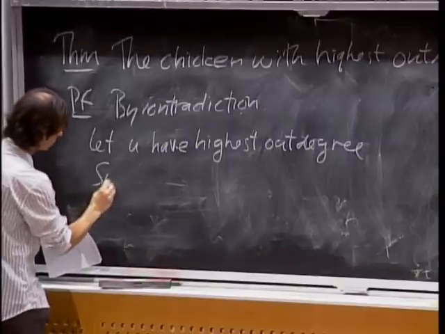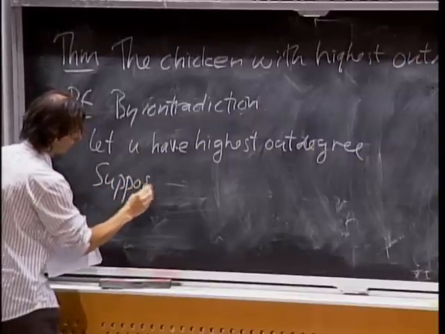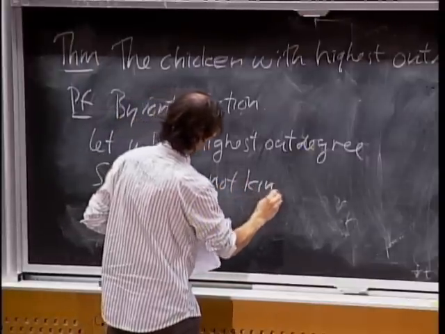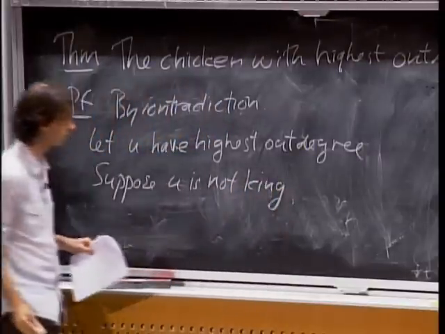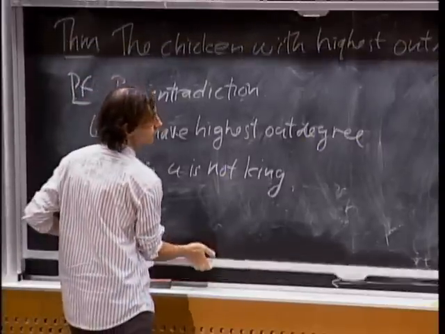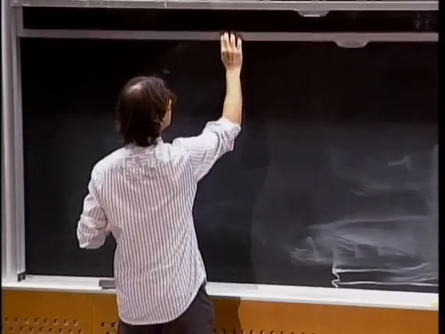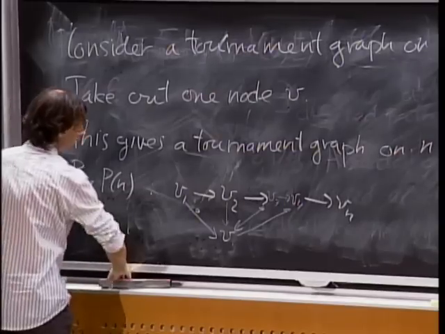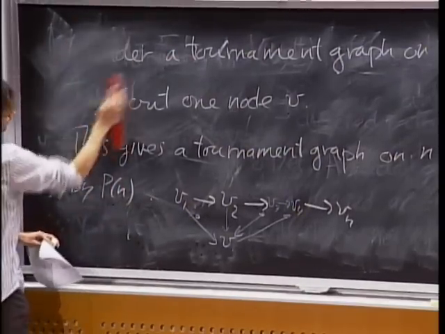Let's suppose that U is not king. Okay, so what does that mean? Let's look at the definition over there and see what it means that U is not king.